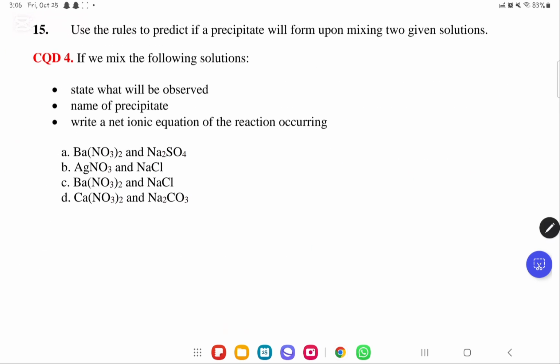So CQD number 4, we have A, B, C, and D. We need to state what will be observed, the name of the precipitate, and we need to write a net ionic equation of the reaction occurring. So we have Ba(NO3)2, okay, plus Na2SO4.